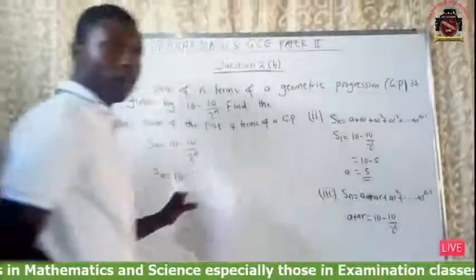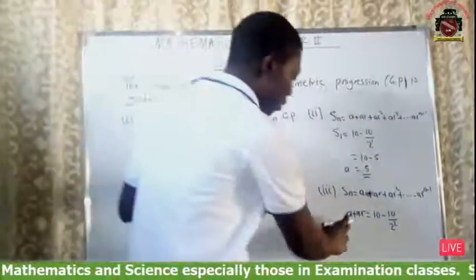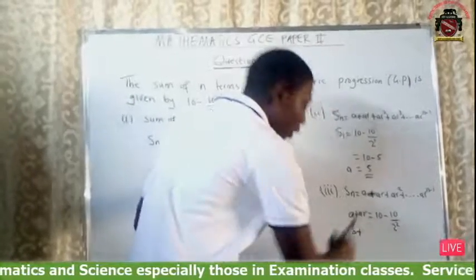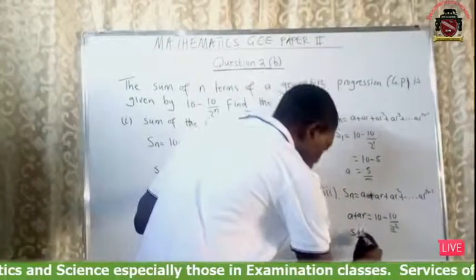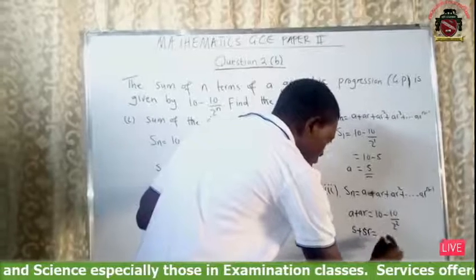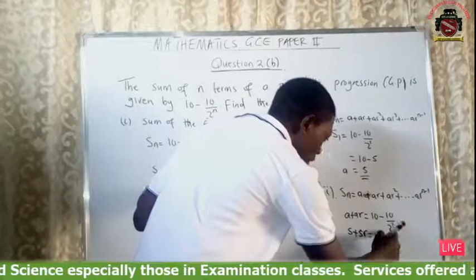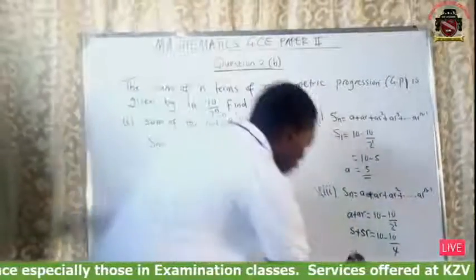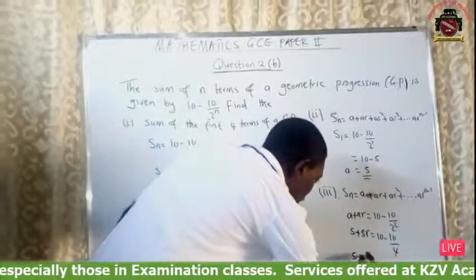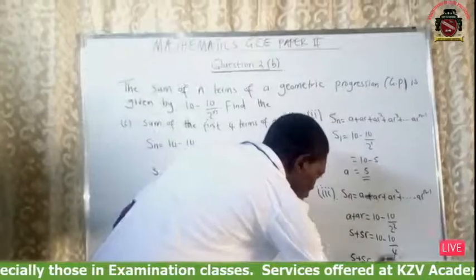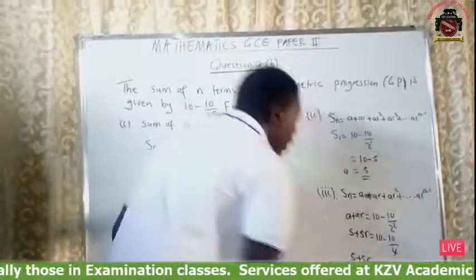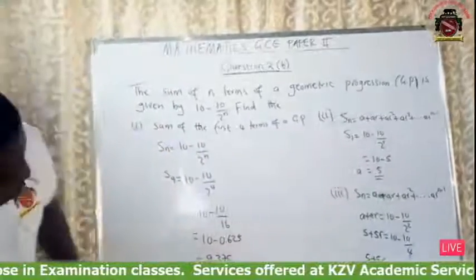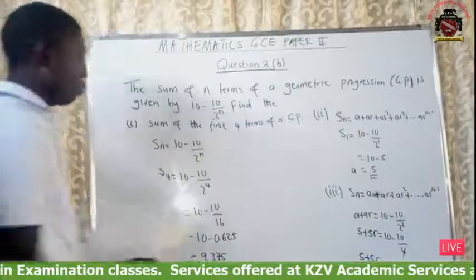But we know what a is, which is the first term: it's 5. So 5 plus 5r is equal to 10 minus 10 over 4.